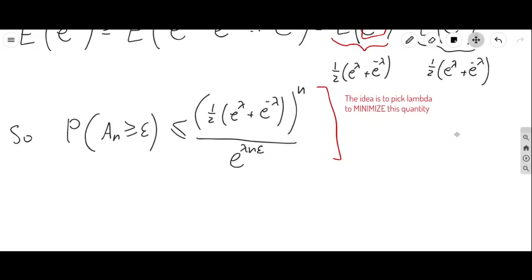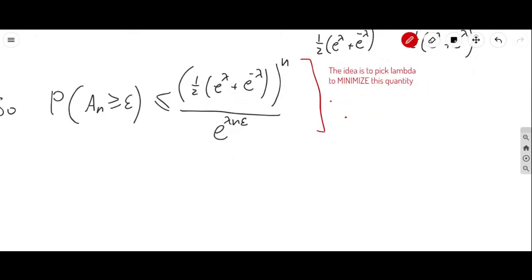Now, here's something that is a little bit problematic. If we try to minimize this using calculus, in other words, you set the derivative equal to 0, because that's how we minimize something, you treat this as a function that depends on lambda and differentiate it. The problem is we will get difficult to solve equations that are hard to evaluate.